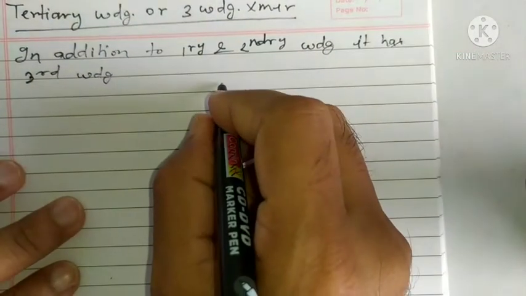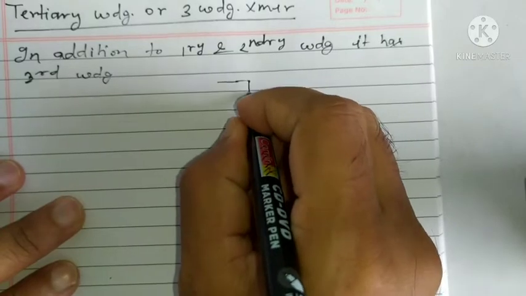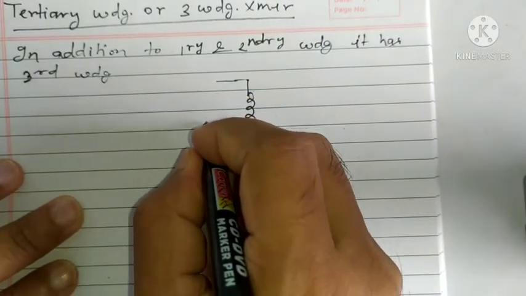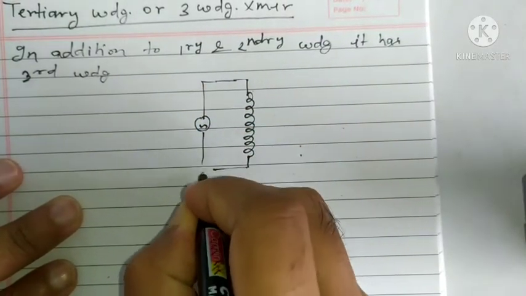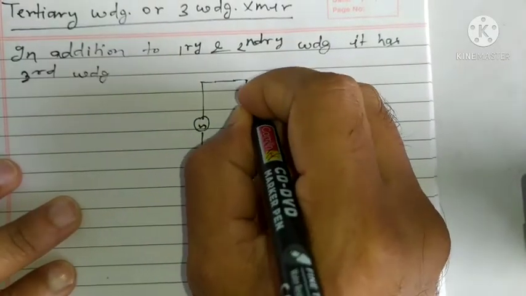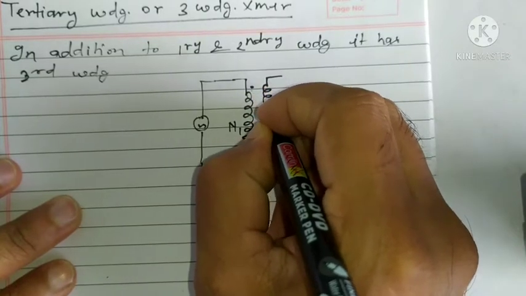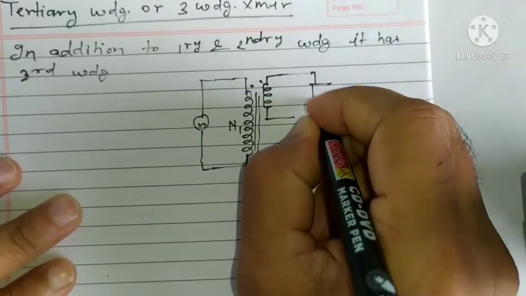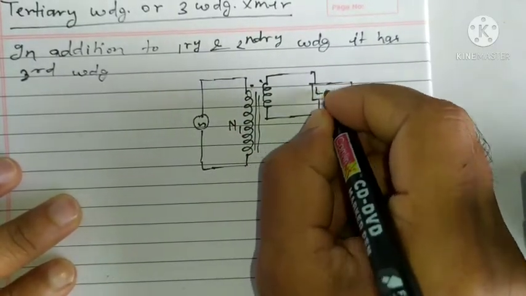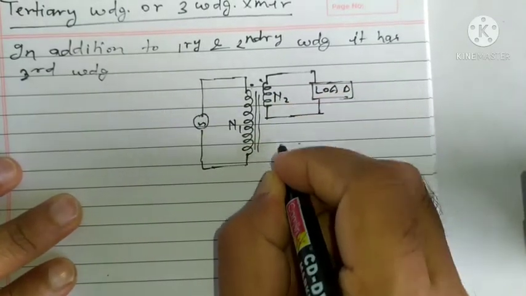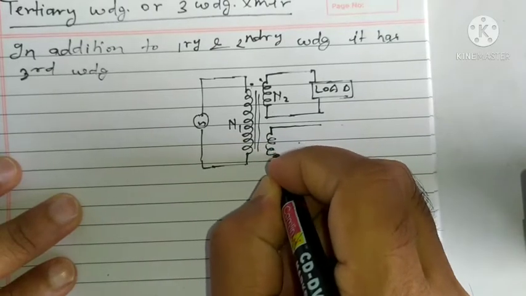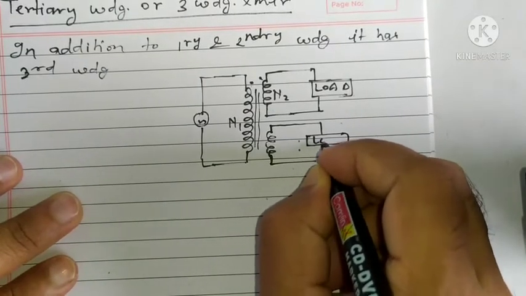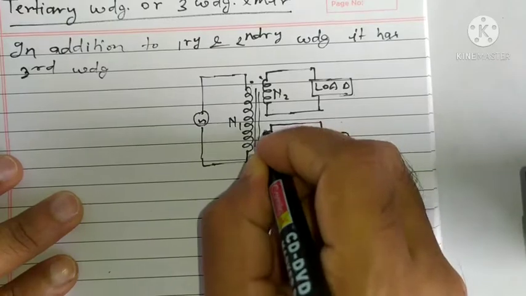Right. So we have this primary winding with supply voltage, number of turns say N1, secondary winding connected to load with N2 turns, and tertiary winding is also there, which can be available for different voltage to any type of load, N3.